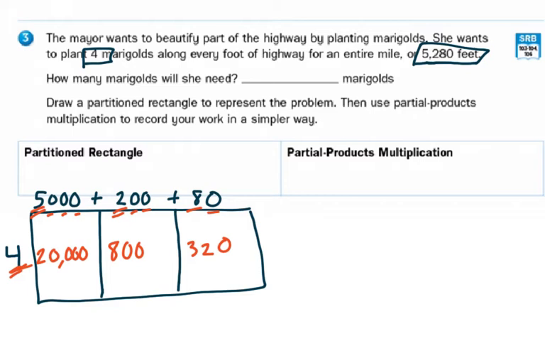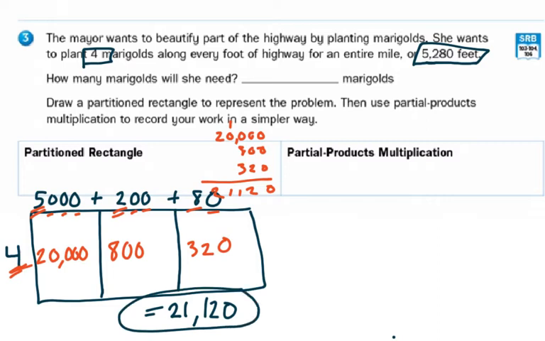We will then go ahead and add up all of those three numbers. So when I added up those numbers, my answer was 21,120.